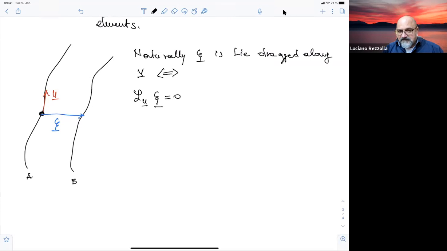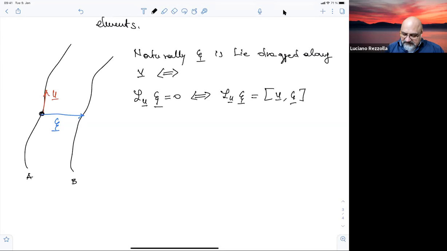I am assuming you know what the Lie derivative is, but if not, I will give you a quick reminder. The Lie derivative along U of psi is the commutator of U and psi.